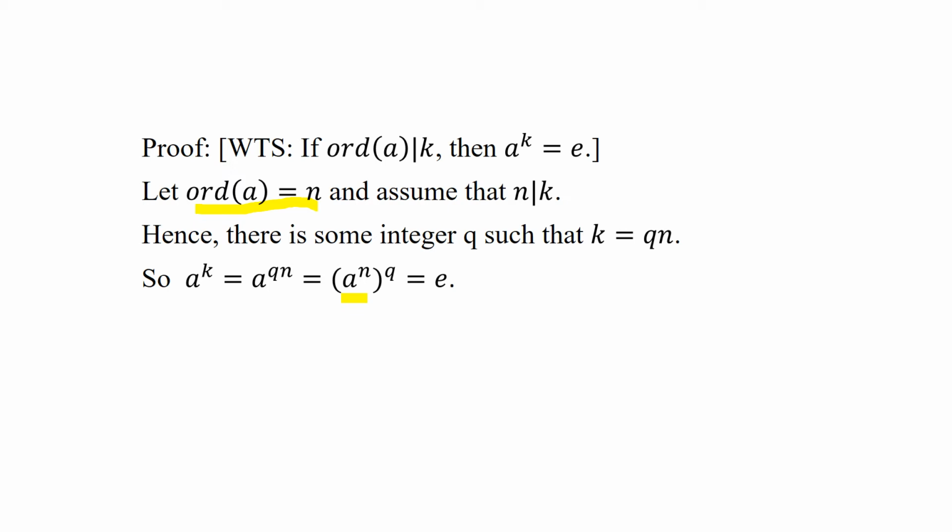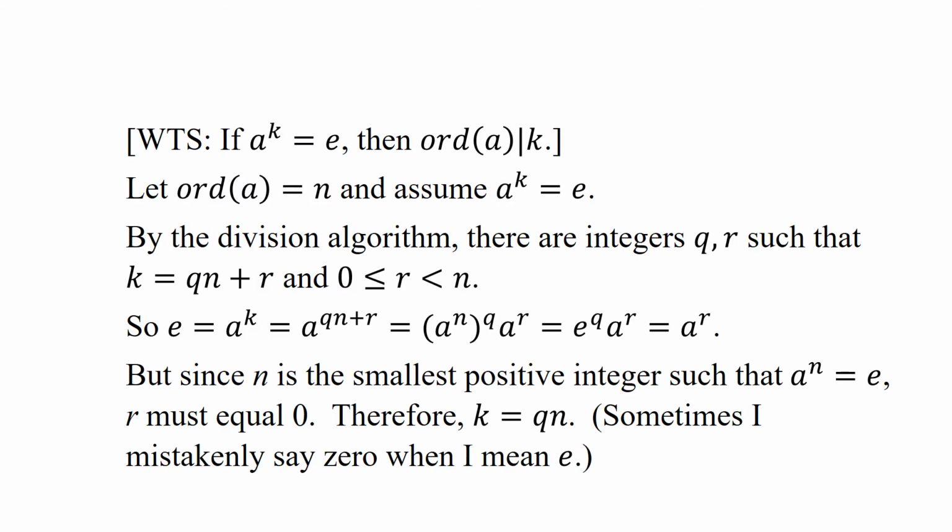Now we need to look at the converse. The converse says, if I take a and I raise it to some power k, and I get the identity, then that exponent k must have been a multiple of the order. I'm going to, again, assign a name to the order. Order of a is n, and I assume my hypothesis: a to the k is the identity.